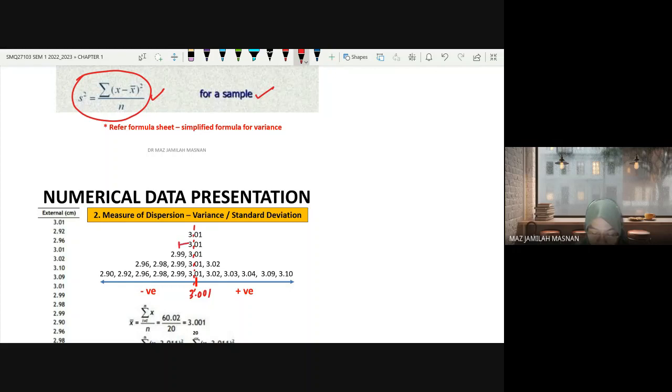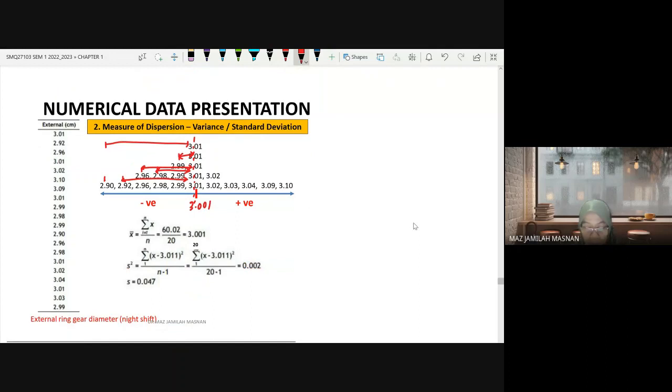So from here to here, this will be the deviation. From here to here, this will be the deviation. From here to here, from here to here. All of this will be measured from the center value. So that's why this particular formula is applied.